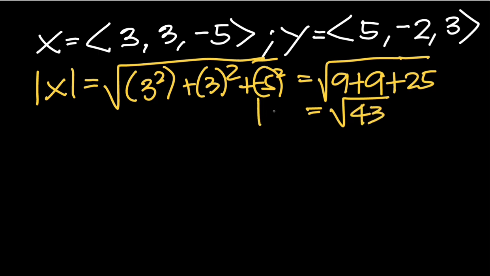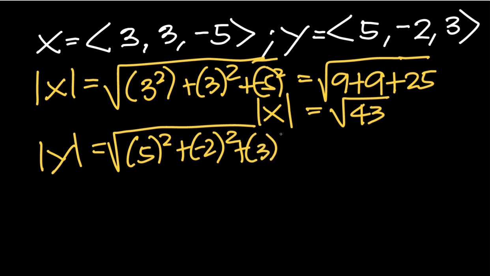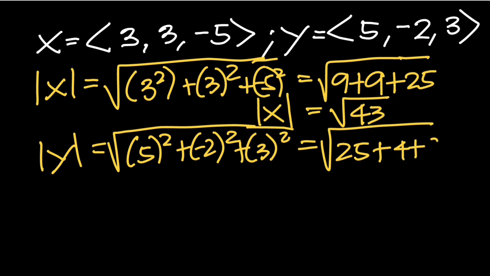So this is the magnitude or the length of vector x. Then now we solve for the length of vector y. So that is just equal to the square root of 5 squared plus negative 2 squared plus 3 squared, and this is just equal to the square root of 25 plus 4 plus 9, which is simply the square root of 38.